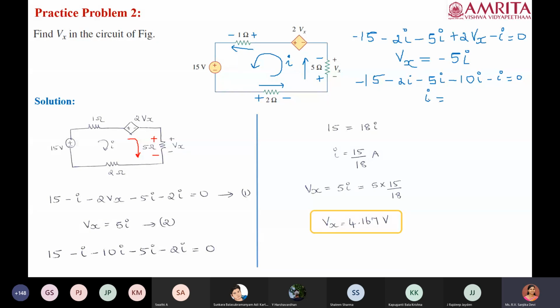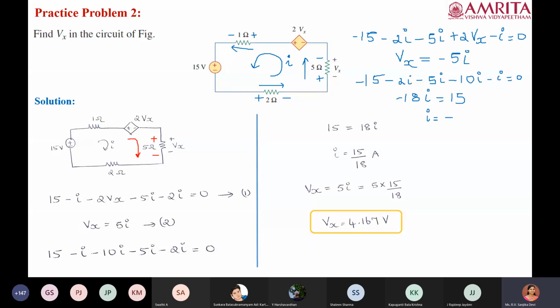So we have minus 18i, and we are bringing this minus 15 to the other side, so it will be plus. Minus 18i is equal to 15. So I is negative: I is minus 15 by 18.